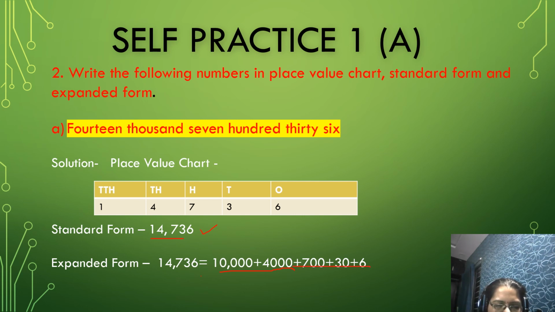The place value of 3 is 3 multiplied with 10, which is 30. And the place value of 6 is 6 multiplied with 1, which is 6.